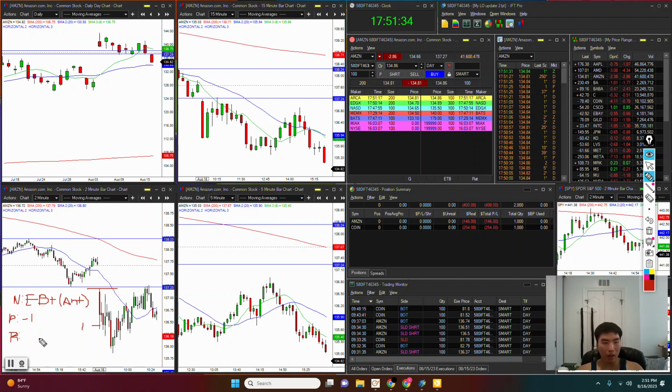And how's the risk on that? 36.37. Top of the bar means I have to have my stop 1 cent above the high, which is 137.21. And my entry is 136.37.